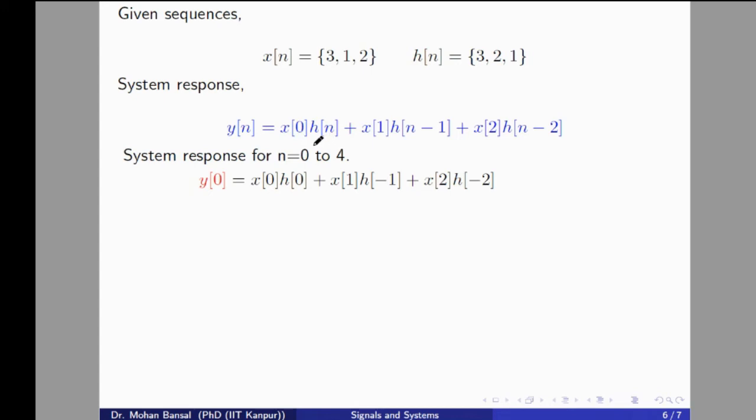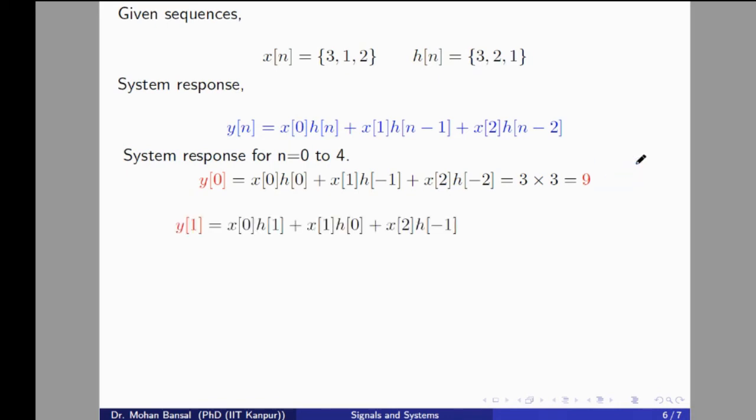Here h is defined for n equal to 0, 1 and 2, so the h[minus 2] term is 0, and the h[minus 1] term is also 0. So we get x0 into h0, x0 is 3 and h0 is also 3, we get 9.